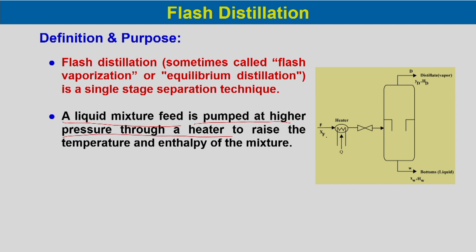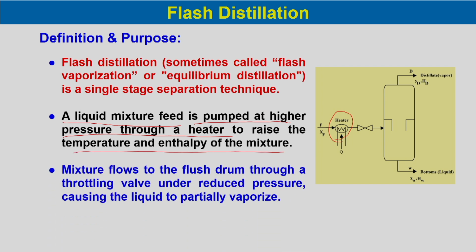You have a heater over here, with a pump before it. In the heater the temperature as well as the enthalpy of the mixture is raised, and then the mixture flows to the flash drum through a throttling valve.